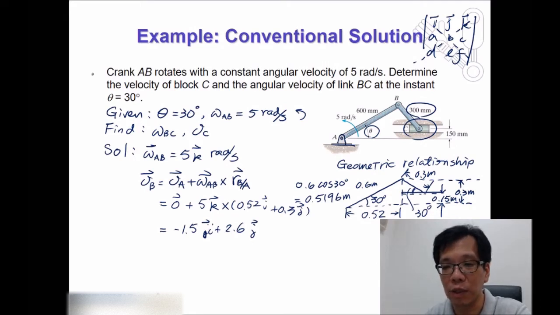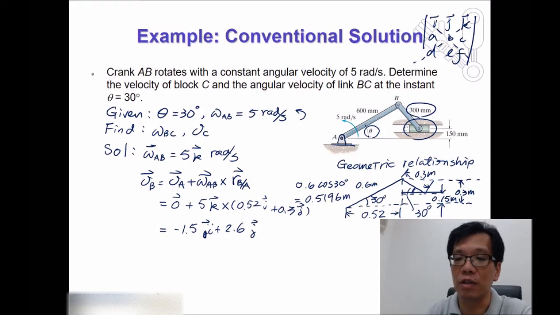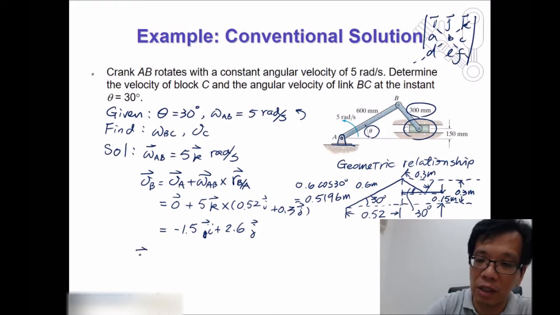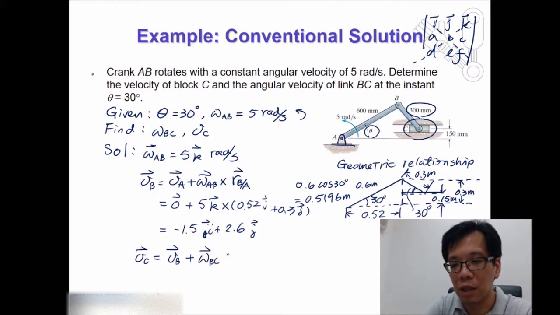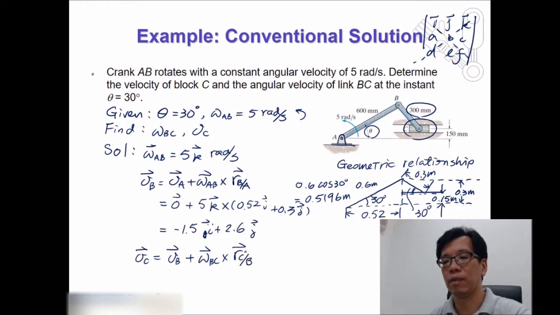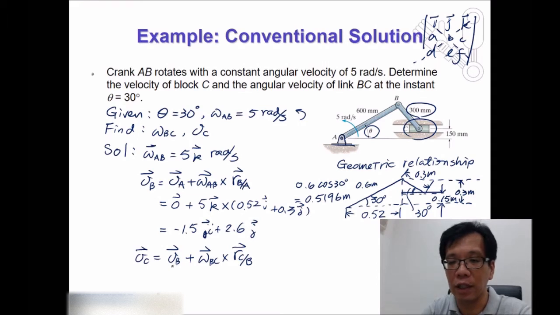So once we get this one down, then the next thing is we need to figure out what's going on for VC. So VC is going to be the same. It's going to be VB plus omega BC cross product RC over B. Since we have obtained the velocity at point B, we can just plug the number into this equation.